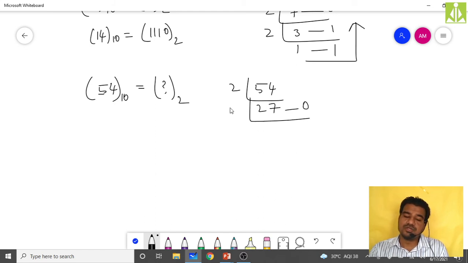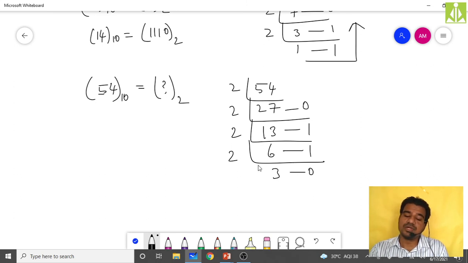Then 2 13s, 26, isn't it? 2 13, 26. So 27 we have, so remainder is 1. Then 2 6s, 12, remainder is 1. Okay. 2 3s, 6, remainder is 0. Then 2 1s, 2, remainder is 1.